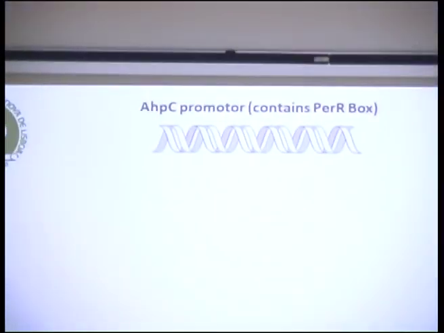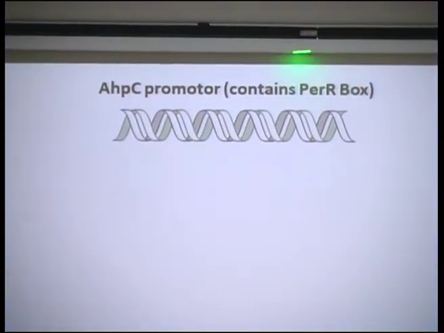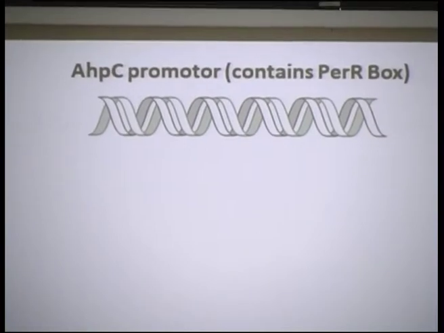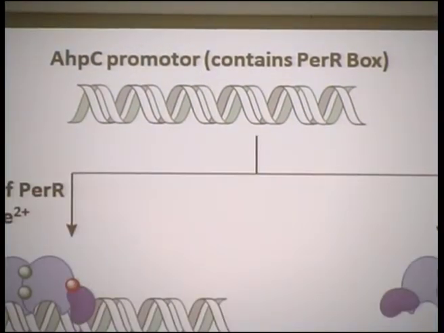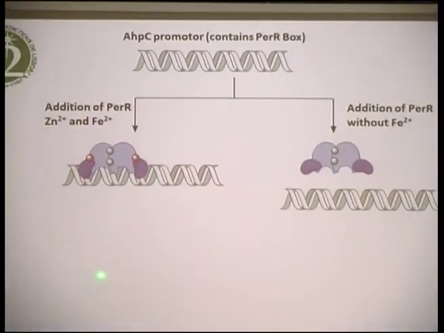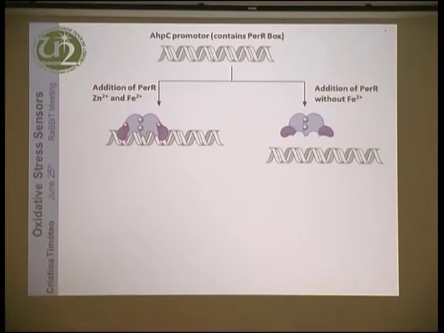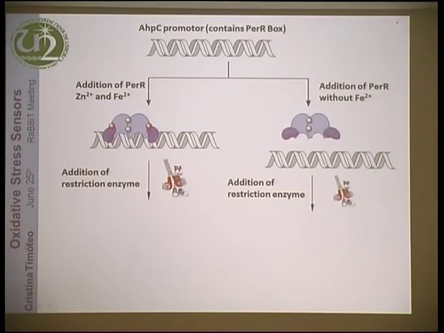So what we started to do was to clone a fragment of the DNA where the protein binds, which is called the PER box. It's a sequence of DNA where the protein binds, and when we add the protein with zinc and iron, it would bind, and when we add the protein, for instance, without iron, it won't bind.